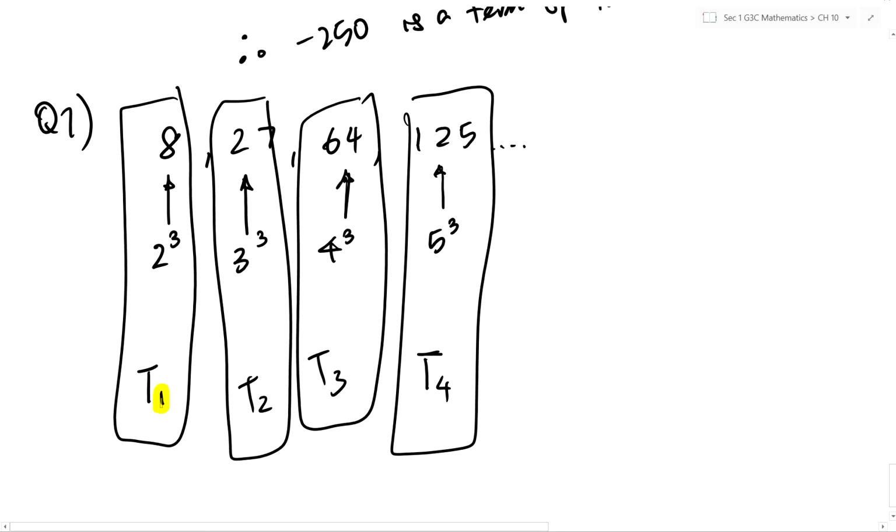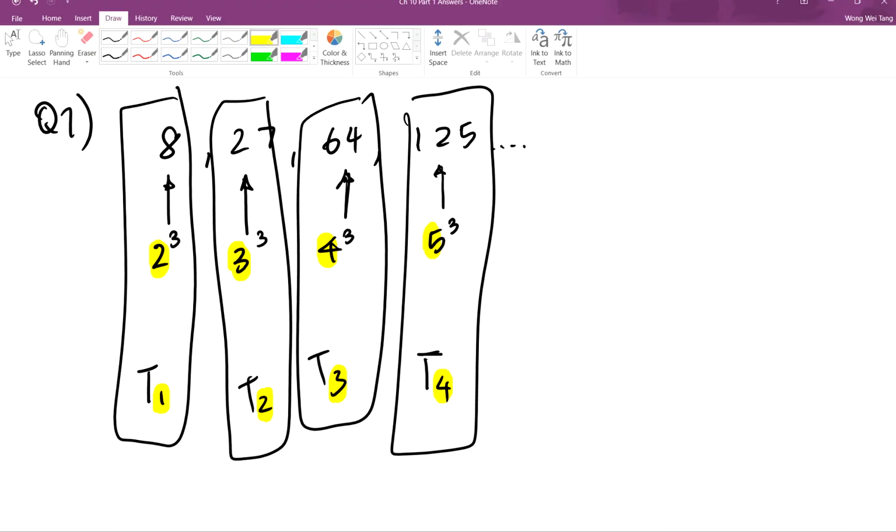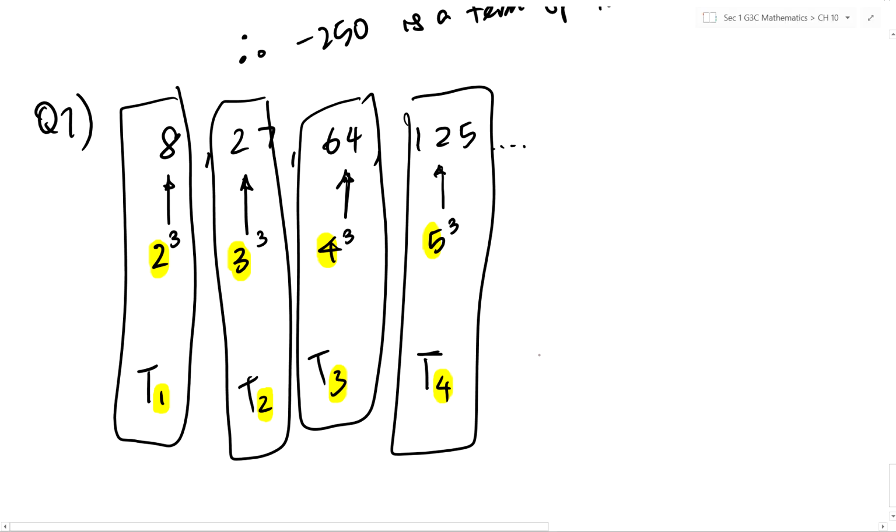Term number 1 is related to 2 cube. Term number 2 is related to 3 cube. Term number 3, 4 cube. Term number 4, 5 cube. The question is asking for term n. They want the n term.